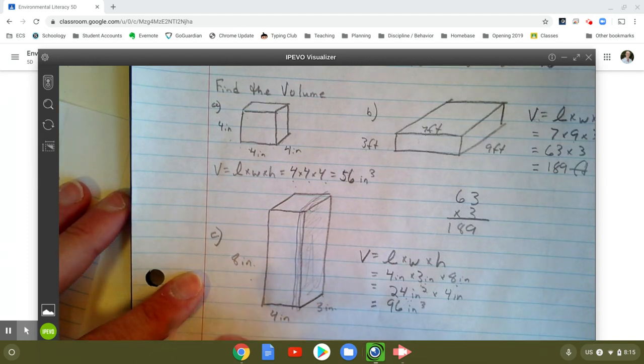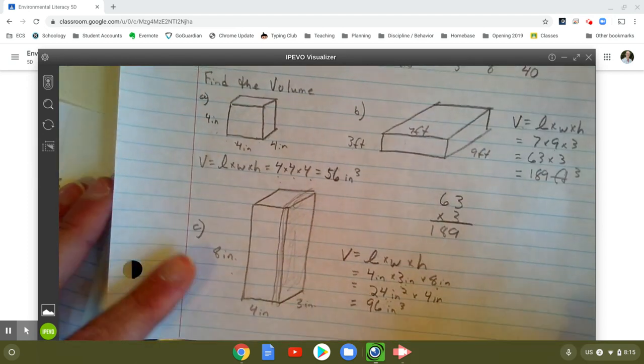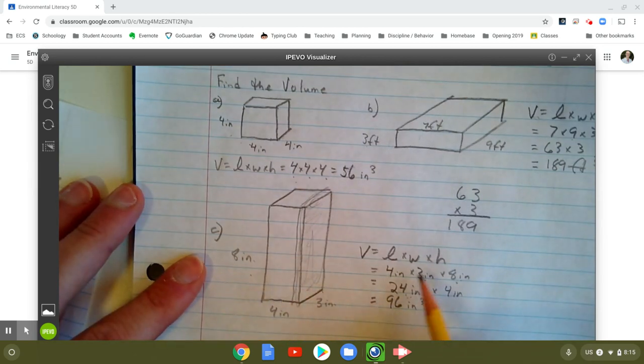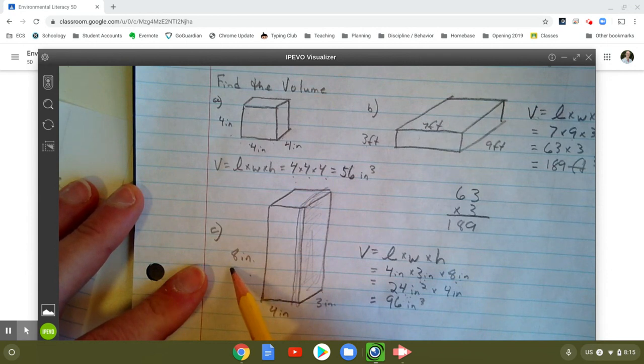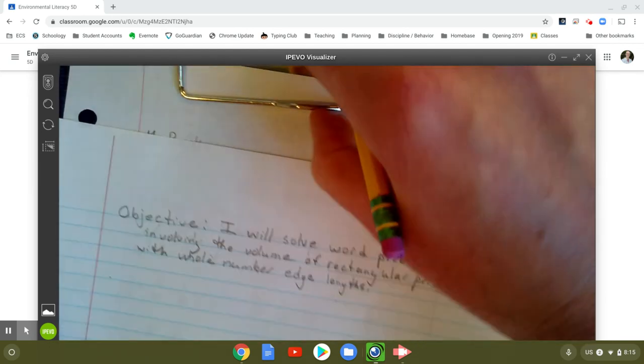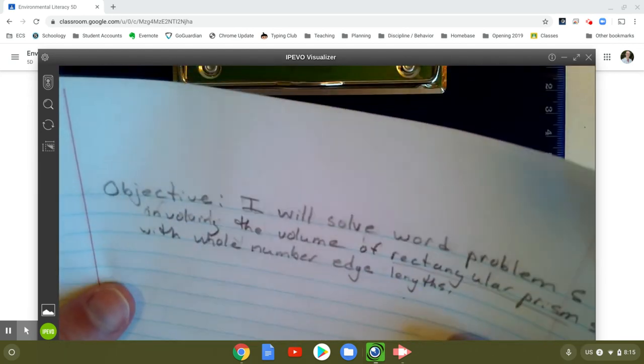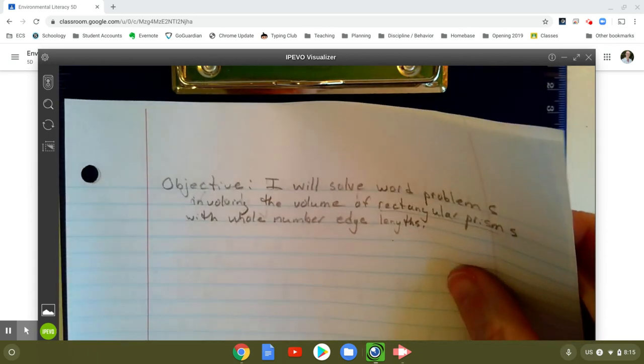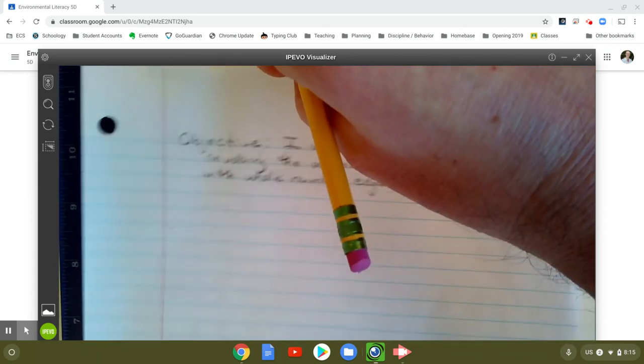But doing that is going to add a level of complexity to our calculations that we're not doing right now. So they are whole number edge lengths. That's a whole number. This is a whole number. That's a whole number. Okay. And we can certainly do that. I mean, we can multiply those fractions for sure, but we're not going to do it right now.